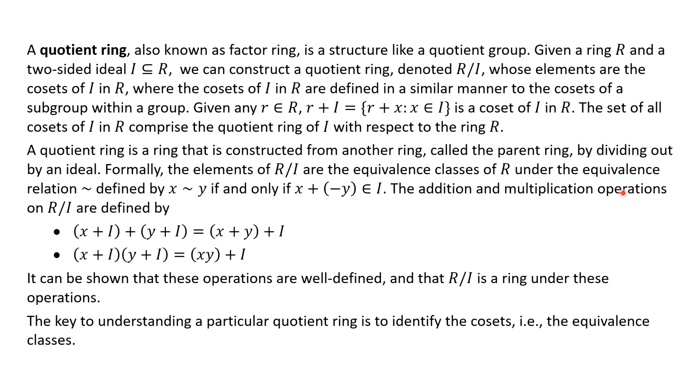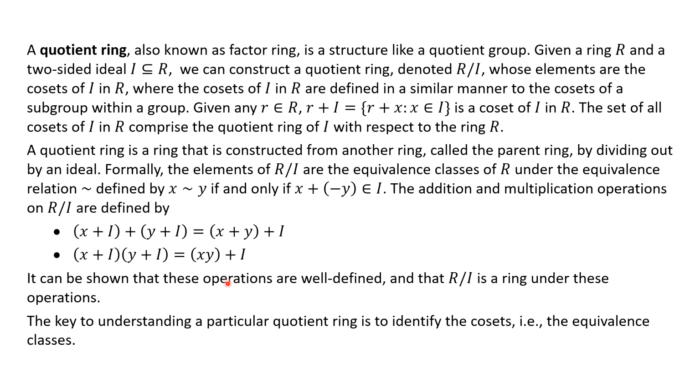The addition and multiplication operations on R slash I are defined as follows. It's pretty straightforward. If you add two elements from the coset, it's just x plus y plus I. And then if you multiply, you just multiply the two representative elements here.